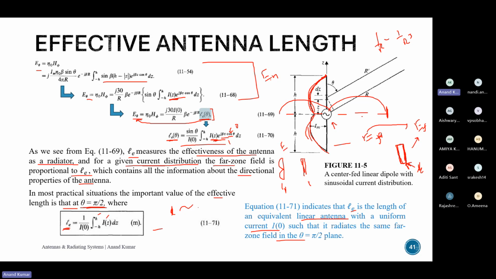So the antenna with the constant current distribution, the equal current throughout the antenna, that length is actually the effective length. I hope that made sense.